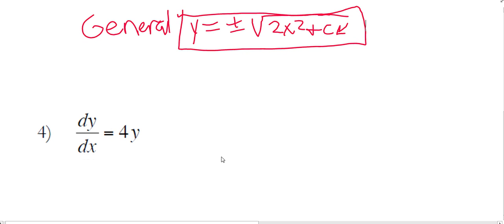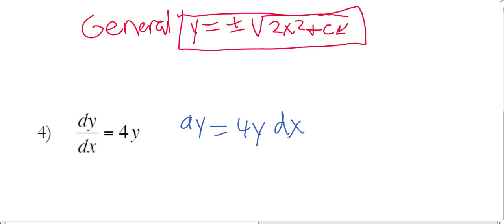So let's take a look at number 4, and you'll notice right away that there's no fraction here. In fact, the x term is missing altogether. So if we multiply by dx, we get that dy is equal to 4y dx.